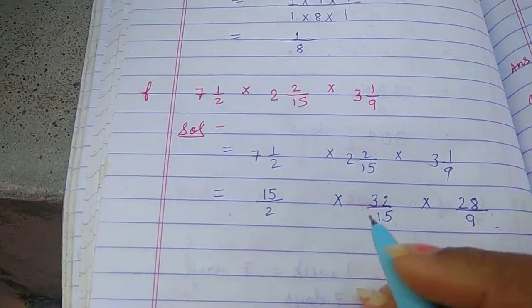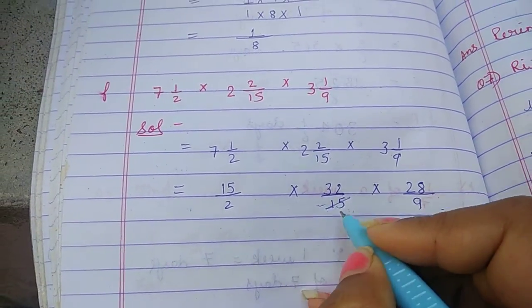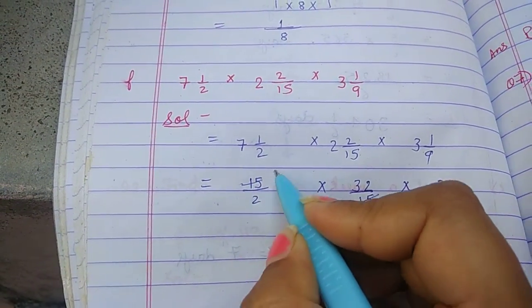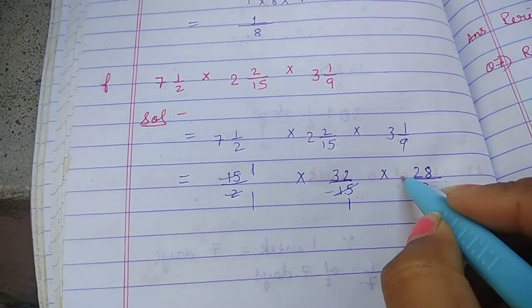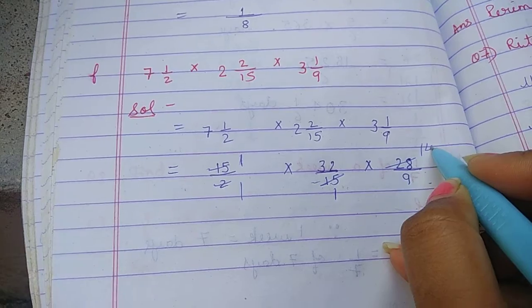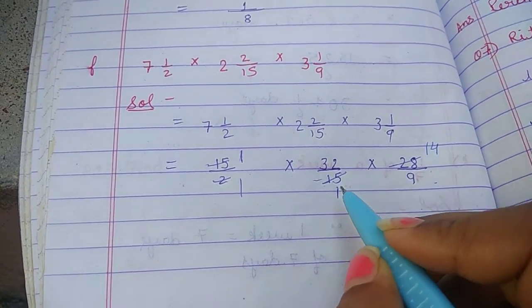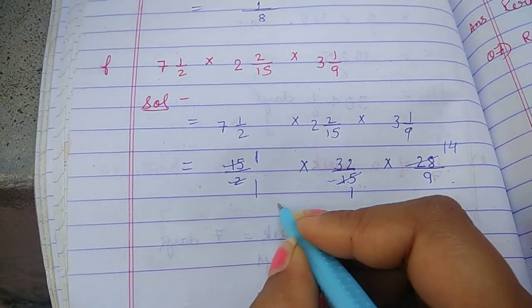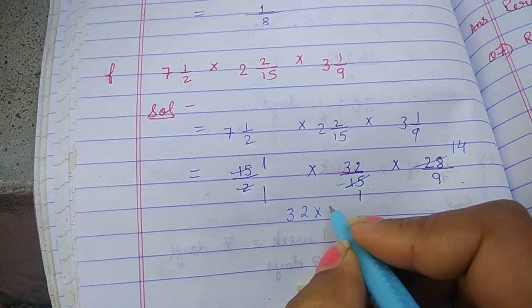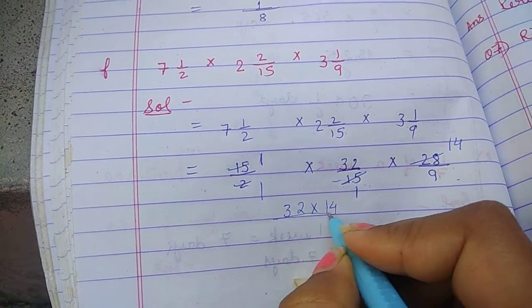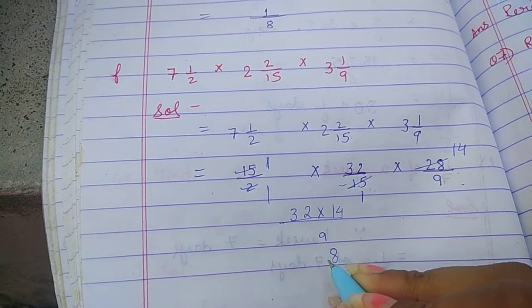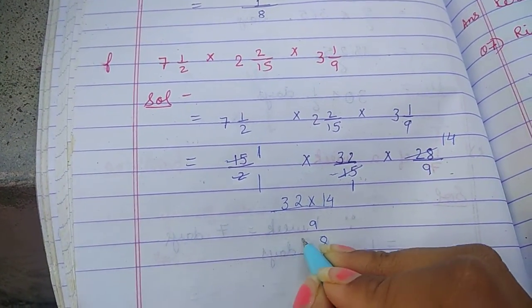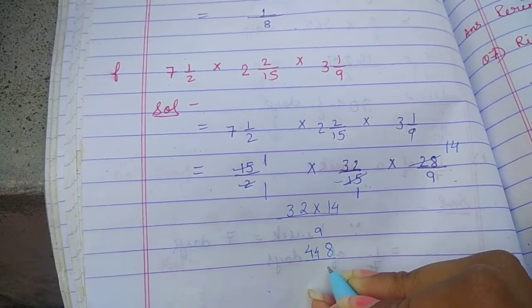Now see if anything can be cancelled out. 15 ones are 15, 15 ones are 15, then 2 ones are 2, 2 fourteens are. Okay, 9 and 32 can be cancelled out. So what we write? 32 into 14 upon 9. Okay, 14 twos are 28, 14 threes are 42 plus 2, 44 upon 9.